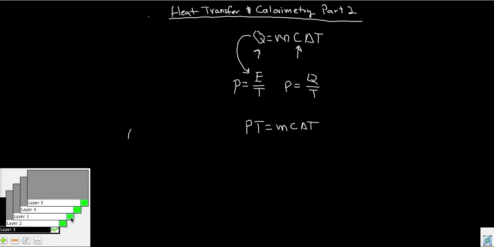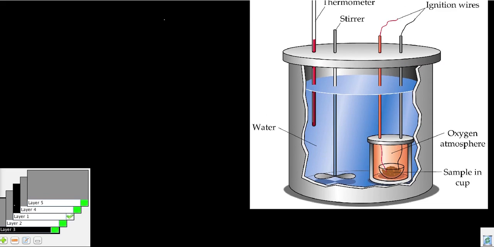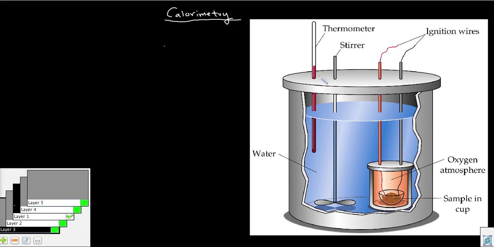Now let me throw a picture up here for you to take a look at. This is a pretty typical calorimeter. So what does a calorimeter do? A calorimeter works off this idea of thermal equilibrium, where we're going to have something heated up right here, and we're going to stick that underwater in a sealed container, so it's as much of an isolated, closed system as possible.